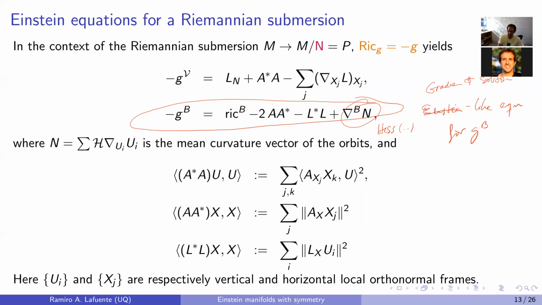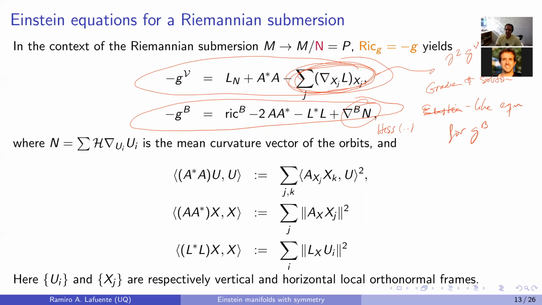The observation is that this term here, which looks very complicated, involves second derivatives of the matrix G_V. Remember that the second fundamental form is by definition the derivative of the metric in the horizontal direction. So this is the derivative of the second fundamental form, and it is encoding second derivatives of the vertical metrics.